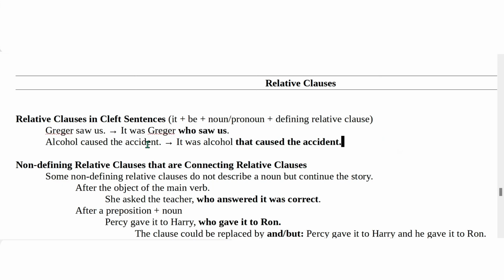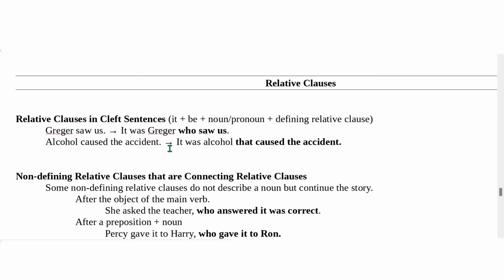So these are cleft sentences. So here, just as an example of cleft sentence, we're not studying cleft sentences, okay? For example, you can emphasize different things. Like you want to emphasize that it was the accident. Alcohol caused the accident, not something else.